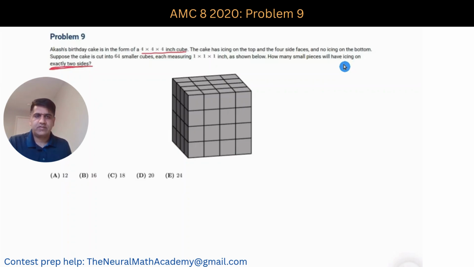What we can do, we can simply count the number of cubes, but we need to make sure they should have icing on the 2 sides only. So if I see 1, 2, 3, and similarly then I will have 1, 2, 3.